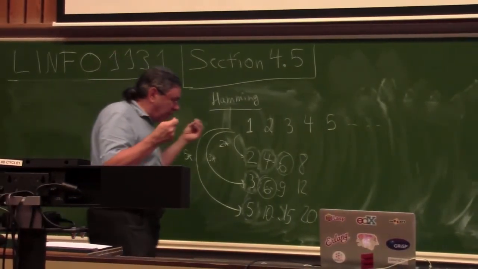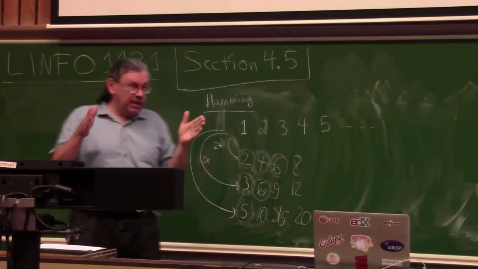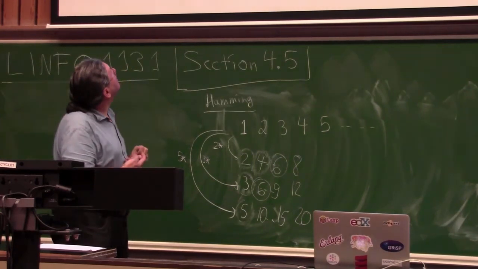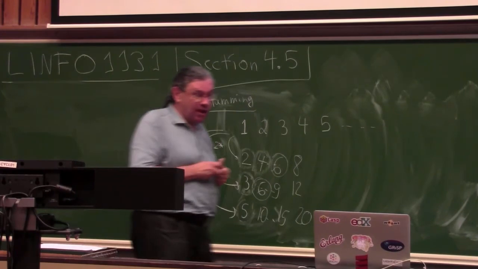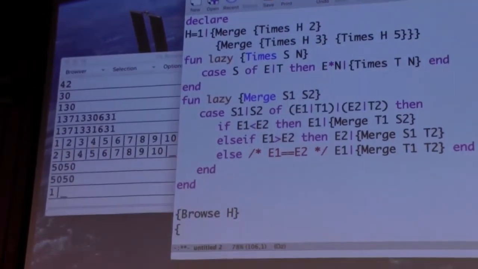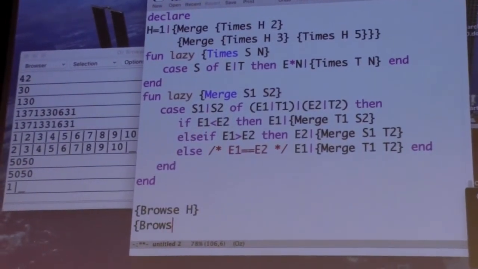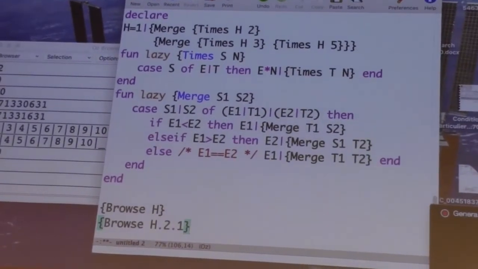You don't have to implement it with a thread if you can do a more efficient way. But semantically, it's creating a thread, and inside that thread, it's doing WaitNeeded. So the blue part is going to be executing creating 5 threads. So what happens now if I do browse H.2.1?